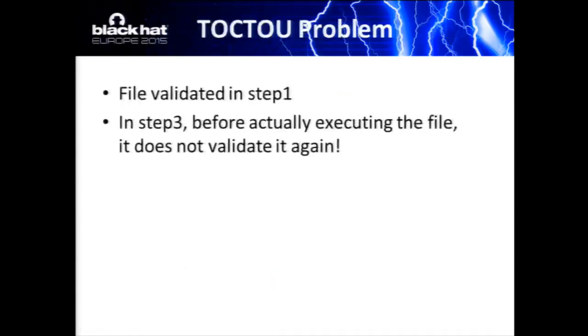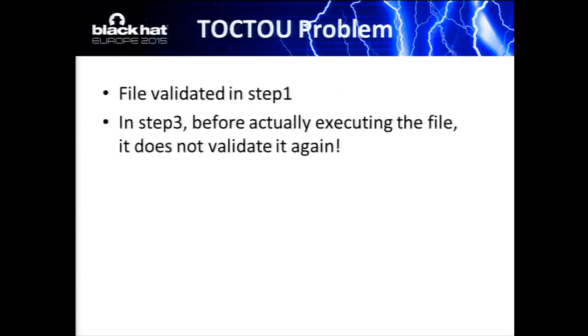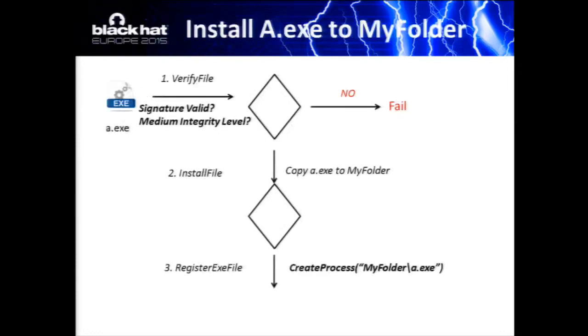It seems okay because this interface first tries to verify that the file you want to install has a valid signature. But if you review the three steps again, you may find there is a race condition problem, which exists between step 1 and step 3.